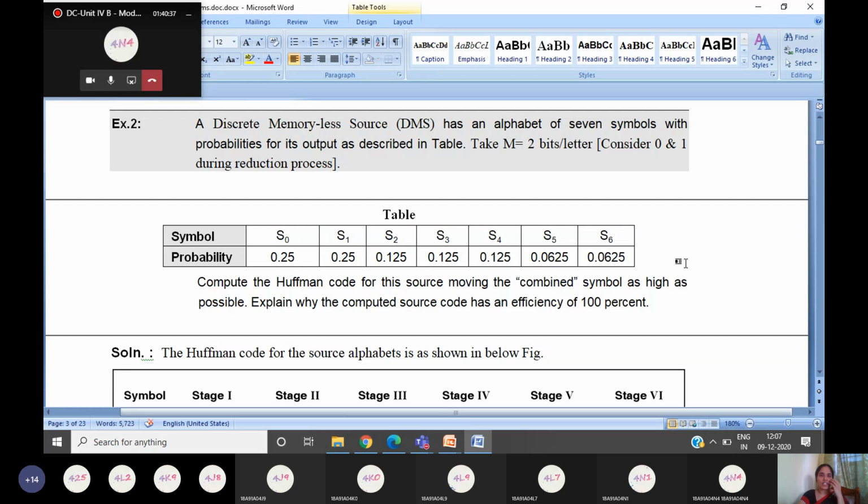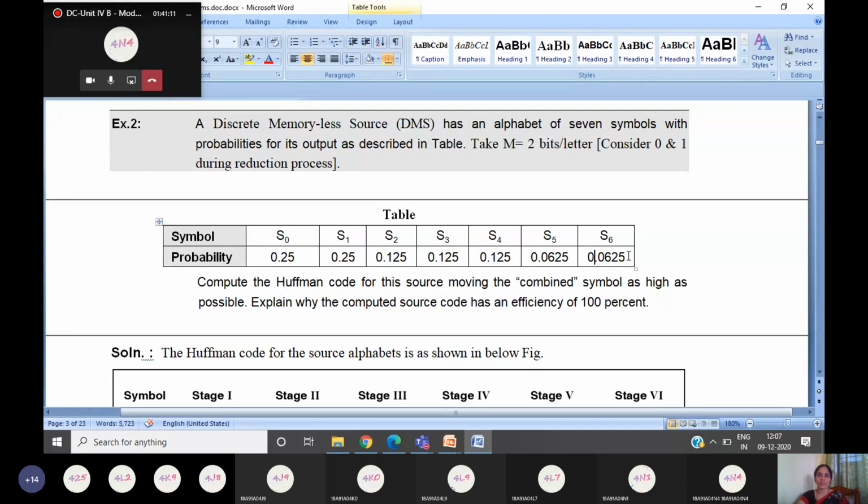Now you are supposed to calculate the Huffman code. You are given 0.25, 0.25, 0.125, 0.125, 0.125, 0.0625 and 0.0625. Before starting the source encoding process, first of all add all the probability values and check whether the sum is equal to 1 or not. That is your responsibility, because if you don't find a mistake early, you will waste a lot of time.